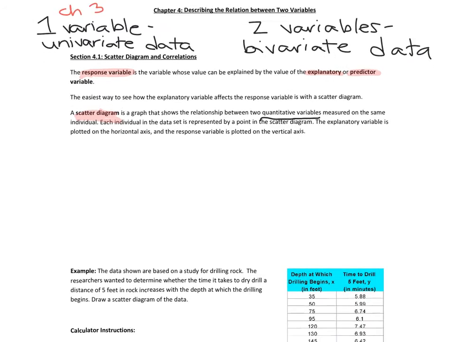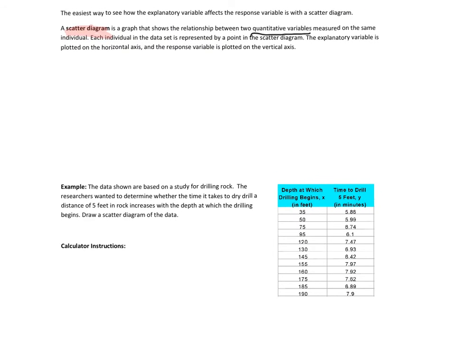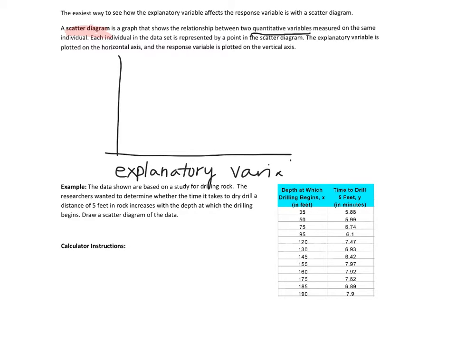So let's look at a quick visual of that. If this was our scatter diagram, the x-axis is your explanatory variable, and the vertical axis is the response variable.